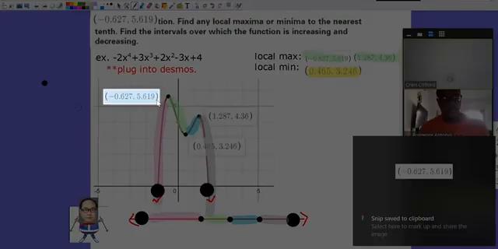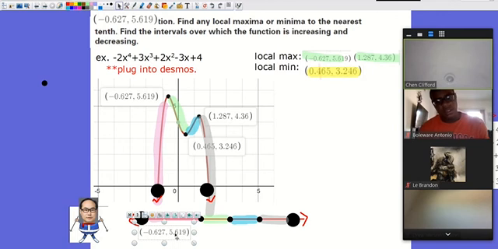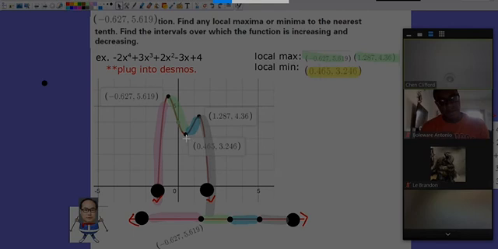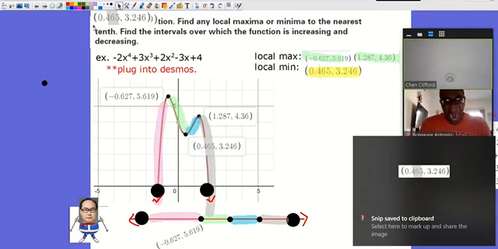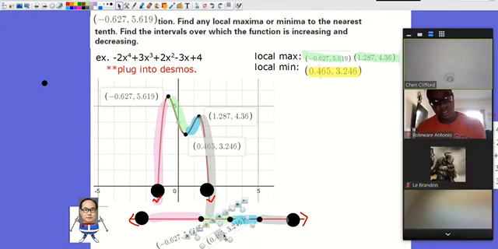I'm going to take this point and put it right here. Let me shrink that and put it right there. And let me take this point right here, shrink it, and put it right here. Boom. So it's that black dot.